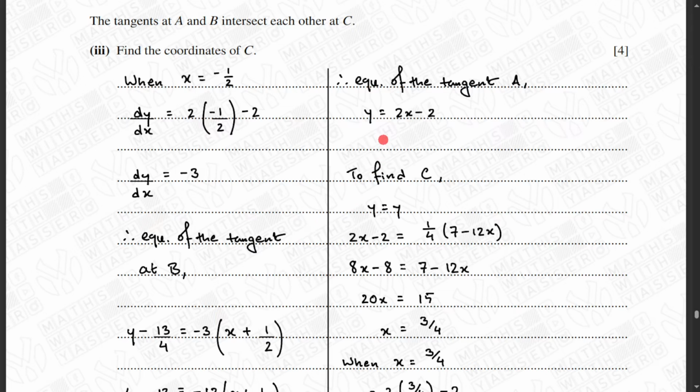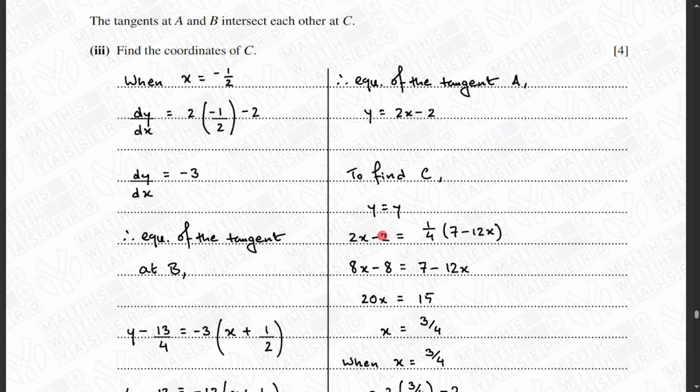That was the equation for the tangent at B, and the equation of the tangent at A is y equals 2x minus 2, which we already found in the previous part of the question. So in order to find C, since the question says that the tangents at A and B will intersect at C, that means we need to equate the equations of these two tangents.